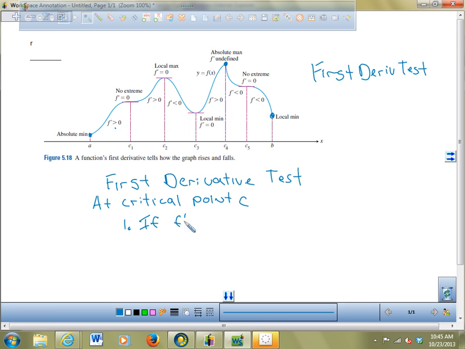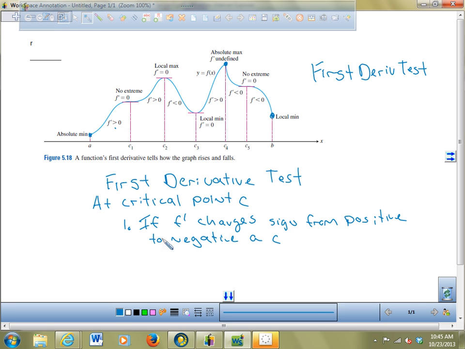f prime changes sign from positive to negative. I'm not going to write down every single thing that they write, because it gets very confusing: f prime is bigger than 0 for x less than c and f prime is less than 0 for x greater than c.